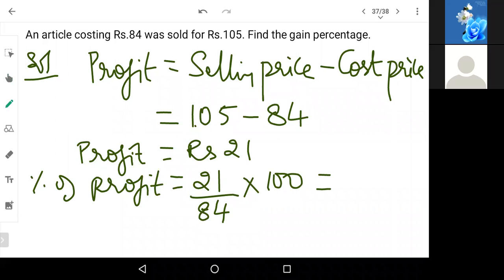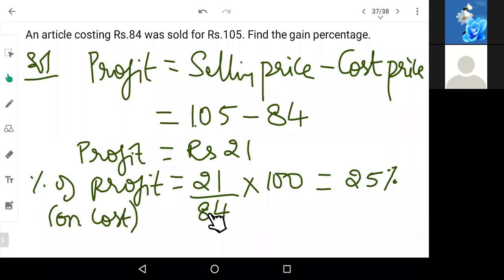So we are having a profit of 25%. Okay, with 25%, keeping the gain percentage as 25%. Okay, we are finding out the profit. Now this way of finding out the profit is percentage of profit on cost, because we are considering the cost price. I hope everybody understood this. To find the gain percentage, you will have lot of finding out profit or loss under percentages. Okay, such questions you can expect more.